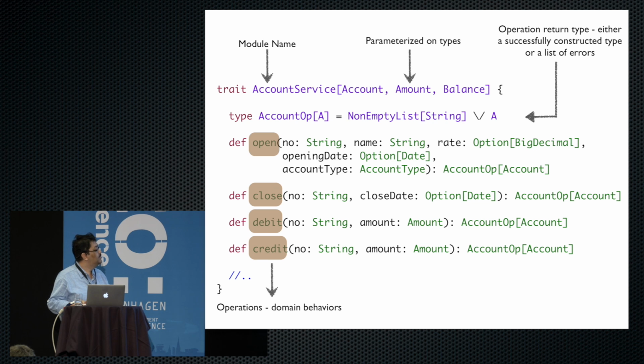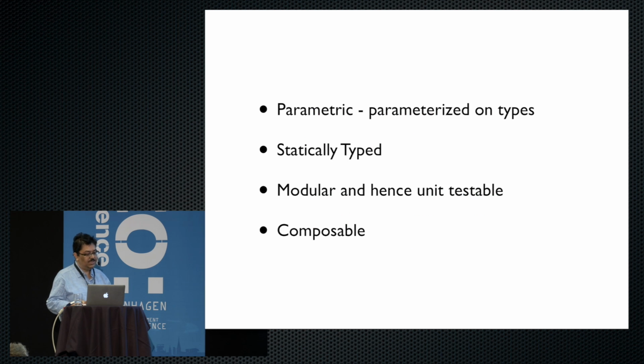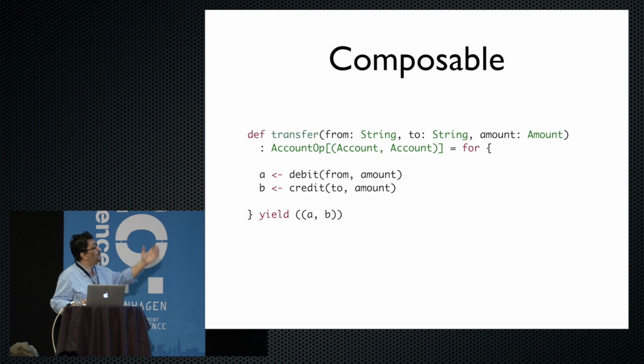These are the operations which are terms derived from the domain vocabulary, domain behaviors, and the entire set consists of our explicit and verifiable algebra. It is parametric, statically typed, modular, and hence unit testable, and composable. In what sense is it composable? The algebra of the return type ensures that we can compose multiple operations into bigger domain behaviors. The algebra that we had here for the return type, that's actually a monad.